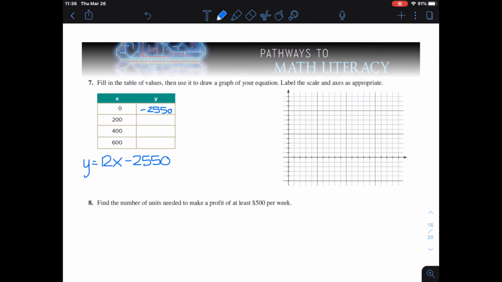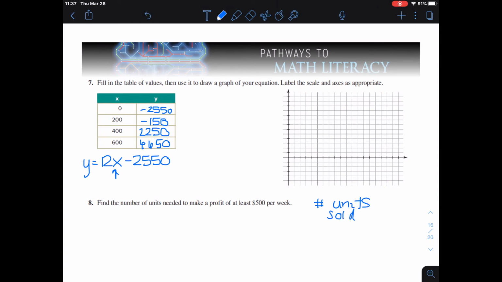If you plug in 200, that's the point we were given. Our profit is negative 150. If you plug in 400 for x, you're going to see the y is 2,250. And then 600 will give you 4,650.